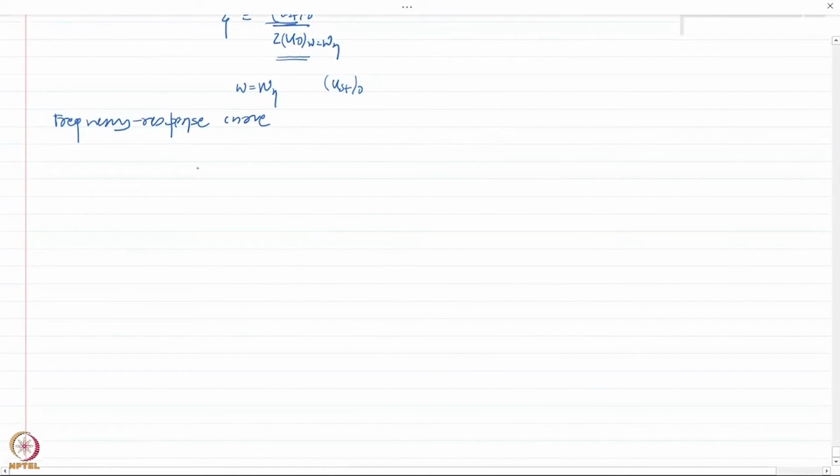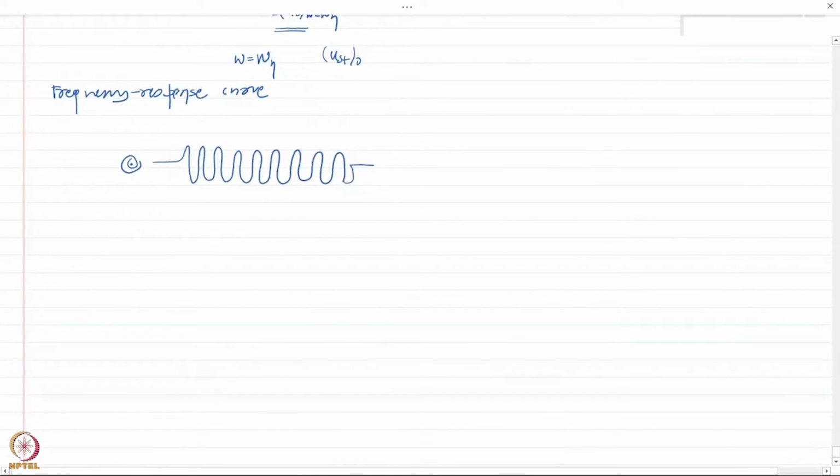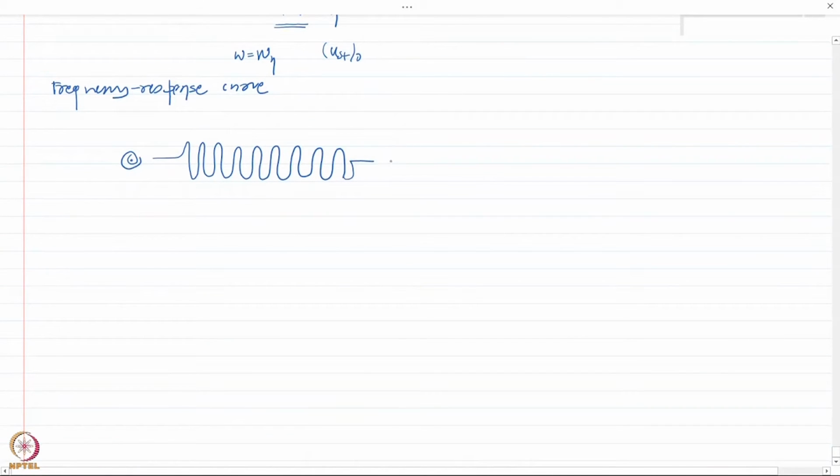We actually obtain a frequency response curve. In it, we rotate this vibration generator so that it applies a load at a certain frequency to a structure. It could be any type of structure, but let us say we are considering a single degree of freedom system. So let us say this load is being applied to the system here.